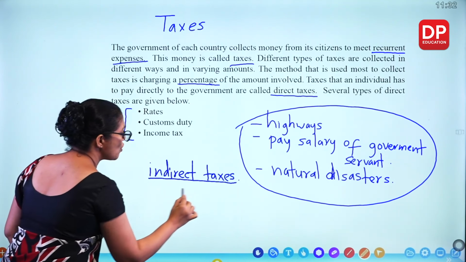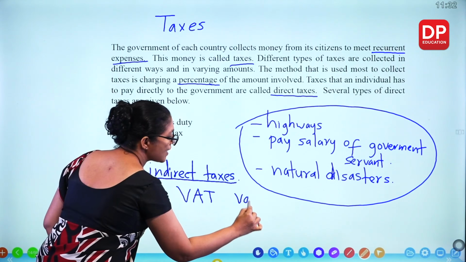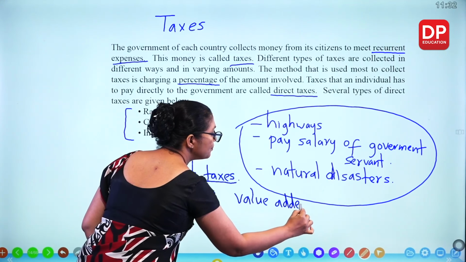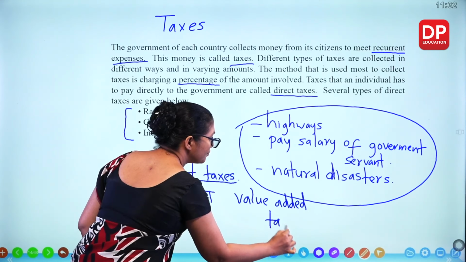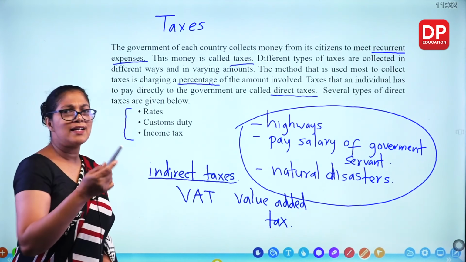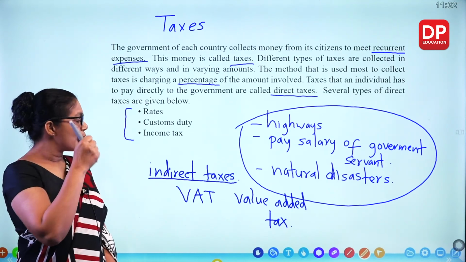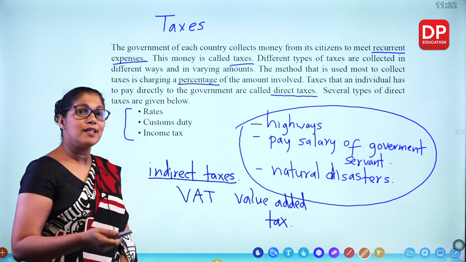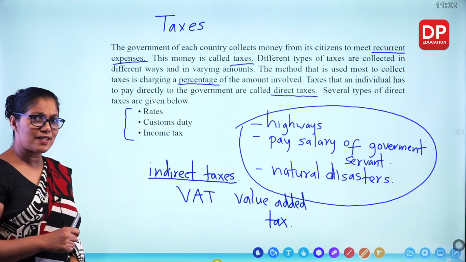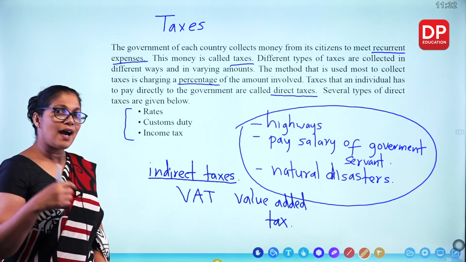Have you heard about VAT? Value added tax. So what is that? Think about you are buying a loaf of bread from the shop. When you buy the loaf of bread, you are paying a tax to the government. How? Because the flour is imported from other countries.